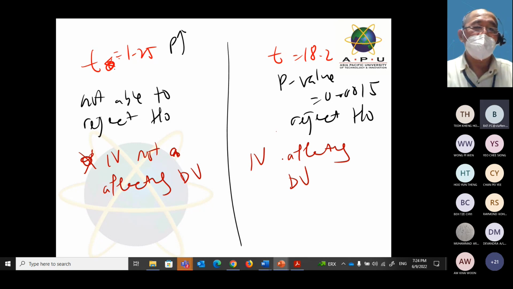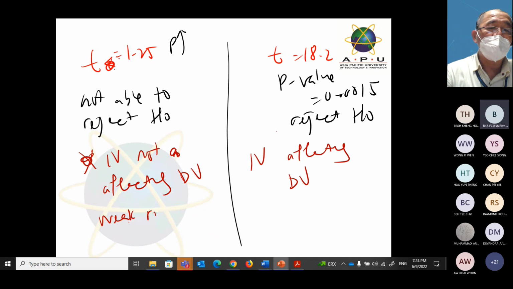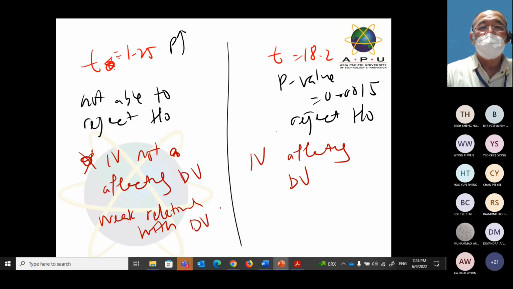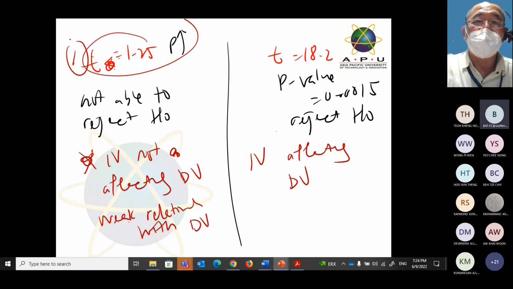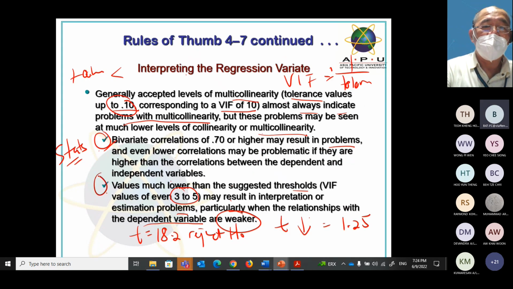So the left side says there is a weak relationship with the dependent variable. We refer to case one to discuss this point.